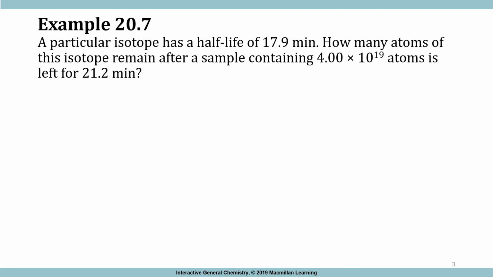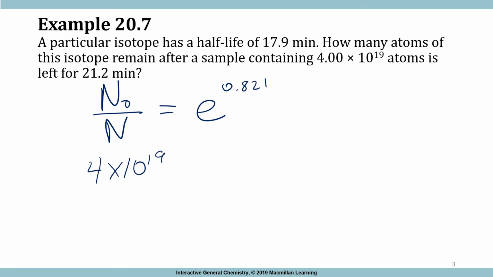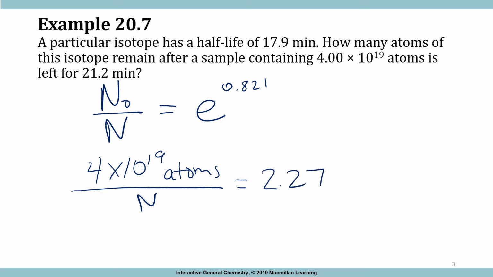So when I rewrite that, I have my starting amount divided by N is equal to e to the 0.821 power. So our N0 is 4 times 10 to the 19. And when I do e to the power of 0.821, I get 2.27. So now I'm trying to get this isolated. So I'm going to multiply it on both sides, and then divide out the 2.27.